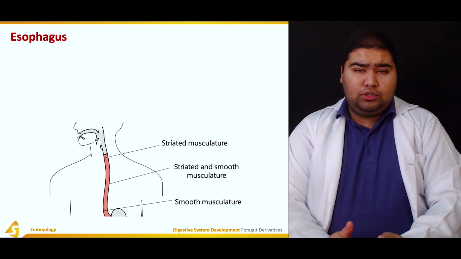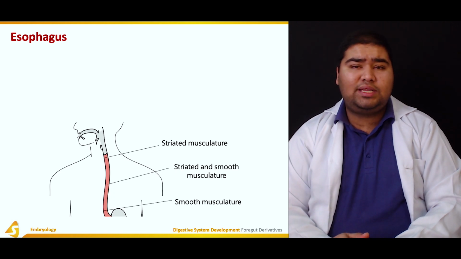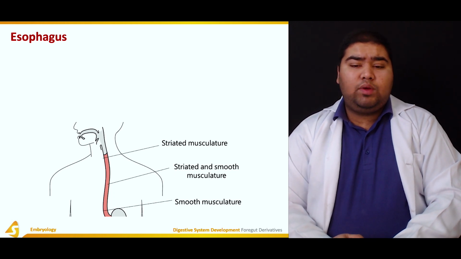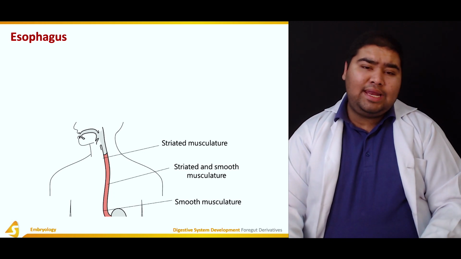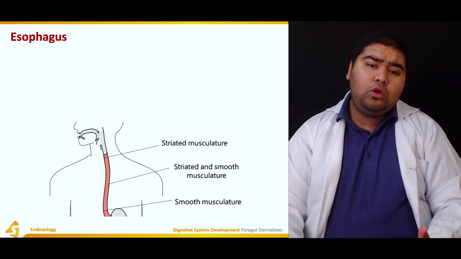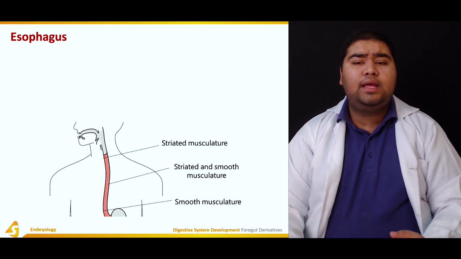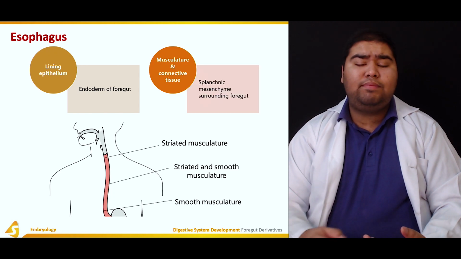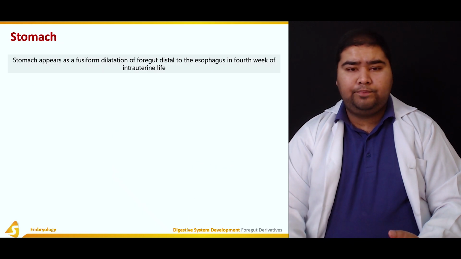In the middle 1/3 we have the striated and the smooth muscles, and in the lower 1/3 that is adjacent to the stomach we only have the smooth muscles. So the lining epithelium of the esophagus is derived from the endoderm of the foregut, and the muscular and the connective tissue are derived from the splanchnic mesenchyme which surrounds the foregut.